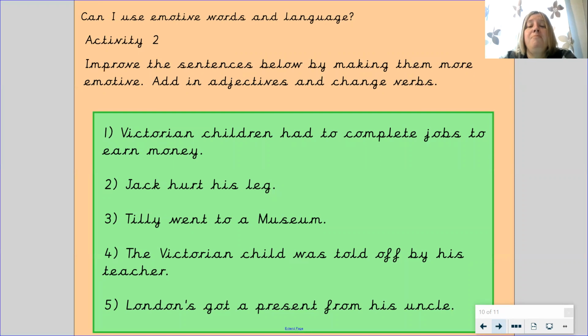How could you describe the children? Can you find the verb? Can you change the verb? Could you describe the jobs the children did using an adjective? Then have a go at finishing off the rest of the sentences and improving them by adding some emotive language.